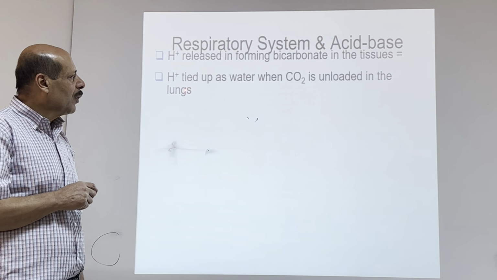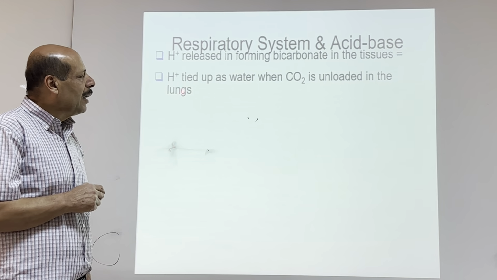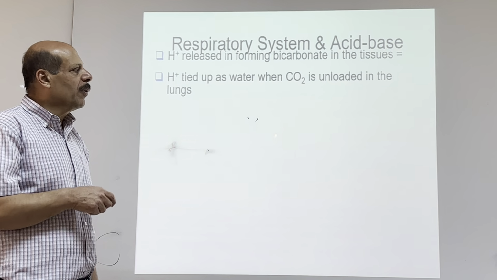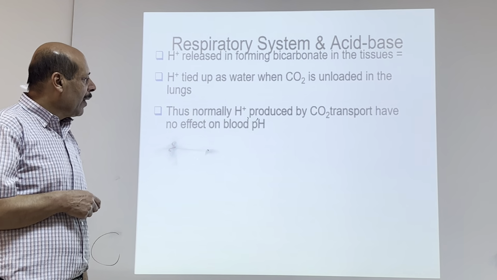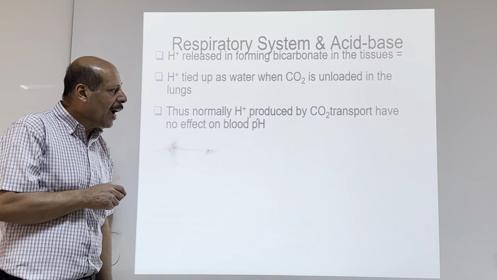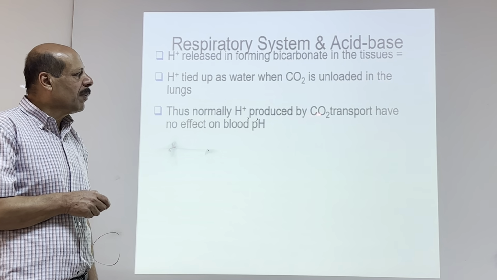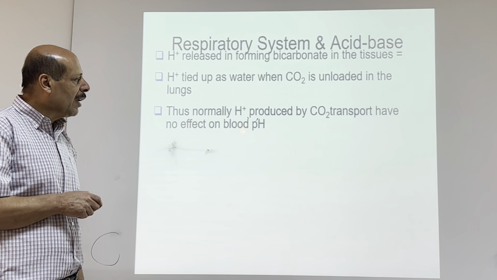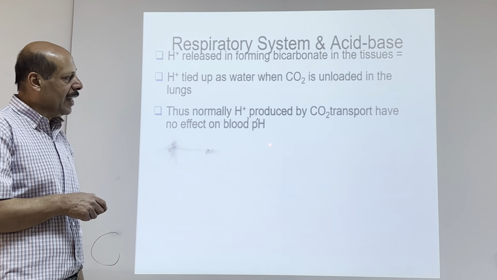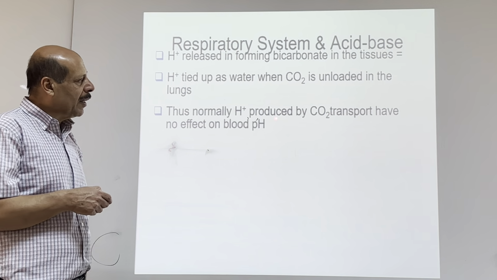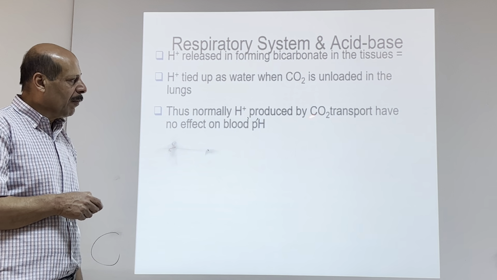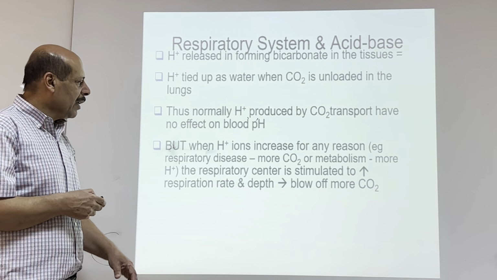So it will give water, and the carbon dioxide will be unloaded. Thus, normally, the hydrogen ions produced by CO2 transport have no effect on the blood pH. Why? Because it will be excreted from the lung, unless there is any other condition.